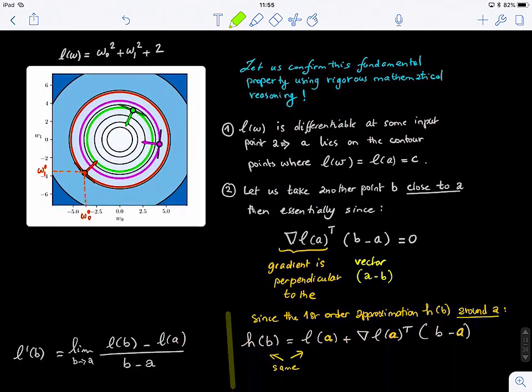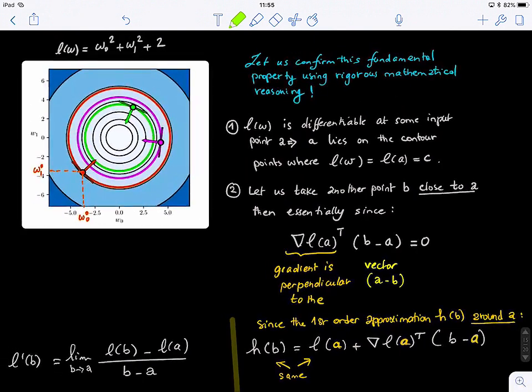Now let's look at this property: why is the gradient perpendicular to the tangent of this function, for example? If you remember, this is actually the definition of a gradient. Let's say our function is differentiable at some input point A, okay?